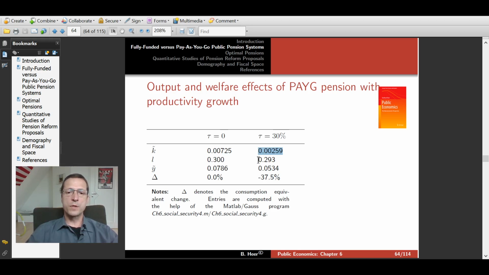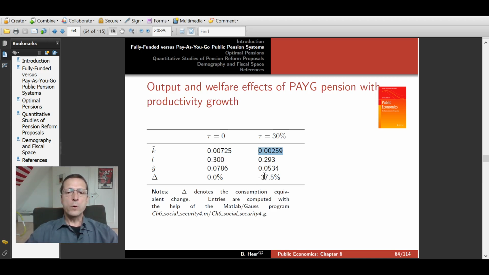We also observe that the labor supply is distorted by this extra tax on labor supply, by this extra wedge that's introduced by social security contributions. So the labor supply falls by approximately 2% again. And output, the fall in output, is pretty much the same as in the case without growth.